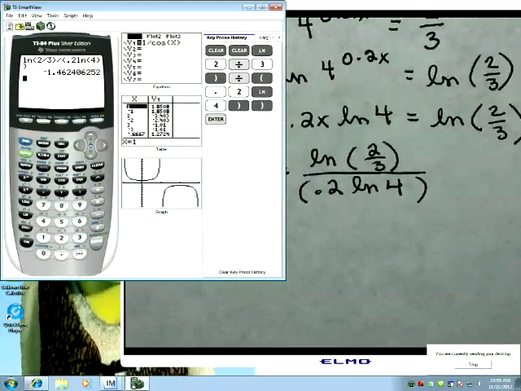This is the fabulous frontwards calculator. Something I want you to notice, one thing I actually don't like about this calculator is that it opens parentheses for me when I sometimes don't need them. I don't like extra parentheses. If I just type natural log of 4 without parentheses, that would be okay.